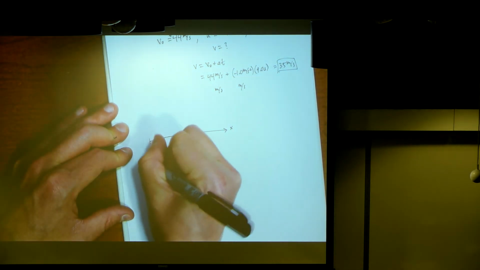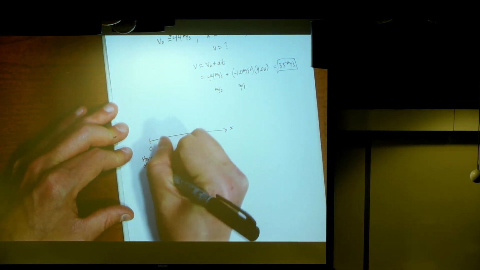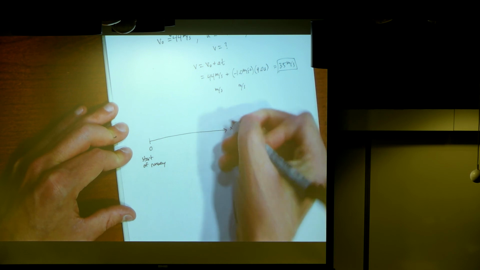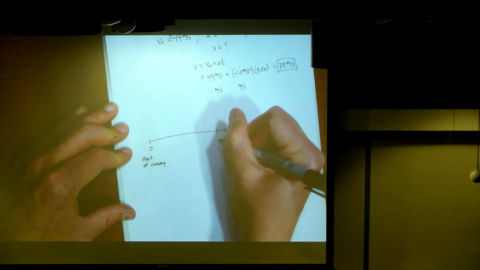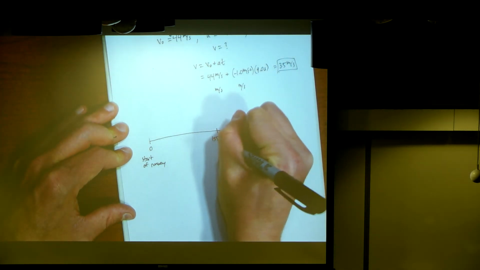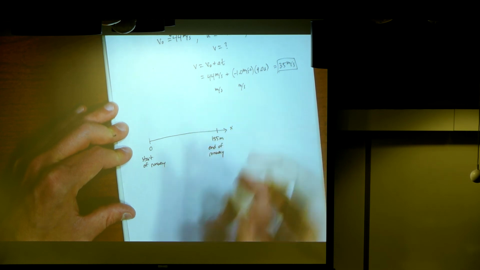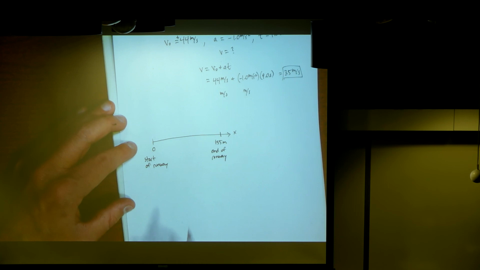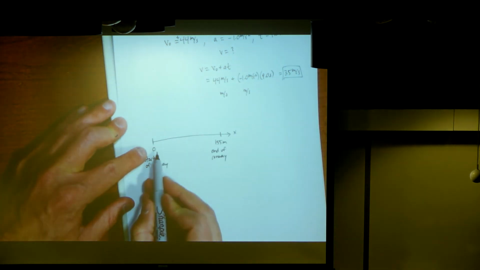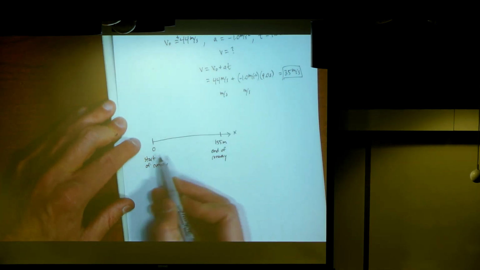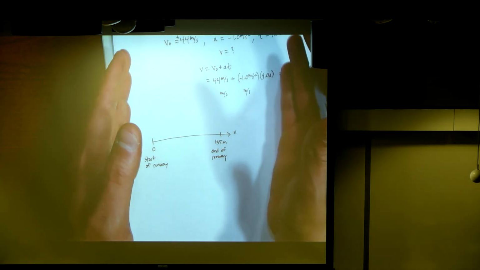That's the start of the runway. And this position right here is 155 meters. That's the end of the runway. Okay? Doesn't really matter where I choose to put 0, by the way, as long as it's 155 meters away from the start. Okay?